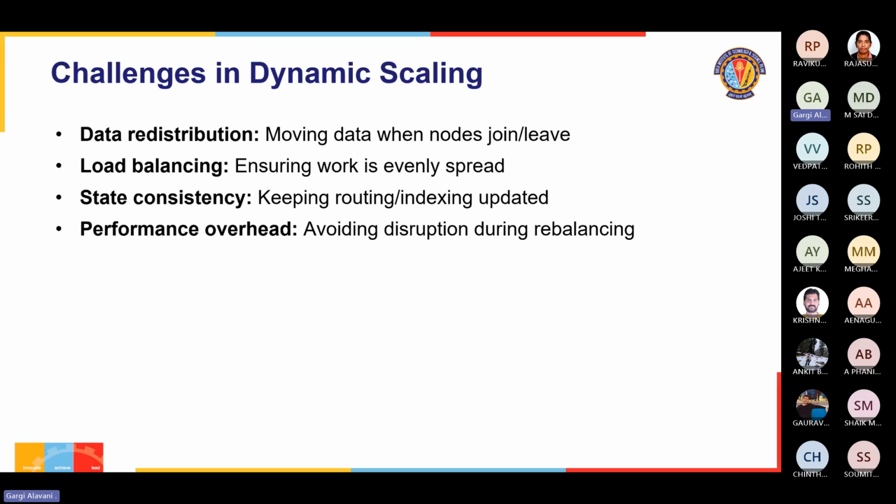During these transitions, the system should remain responsive even as nodes are joining or leaving. We should not be in a state, as we just discussed, where a new node is added and the data that is to be shifted to that node is not available. It should be available on the earlier system till the new node joins and stabilizes, and then takes over the task of serving data for that particular file.